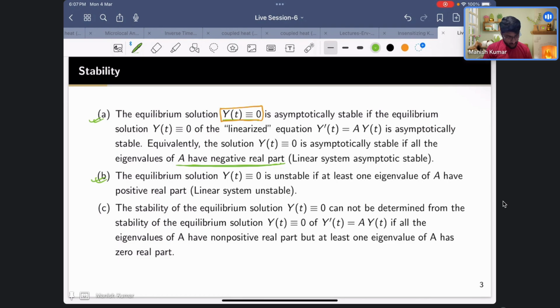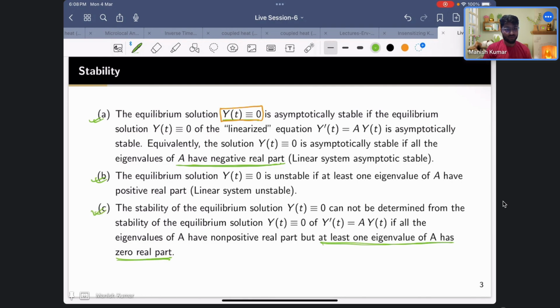And when the eigenvalues of the matrix corresponding to the linear system had real part equal to 0, so at least one eigenvalue has 0 real part, in that case we could not conclude, right? We saw some cases where it was becoming stable, in other cases it was not. So we cannot conclude when the real part is 0. This is what we saw earlier.